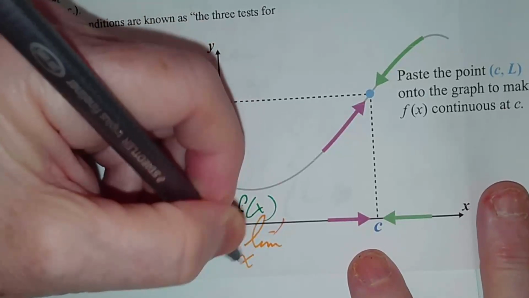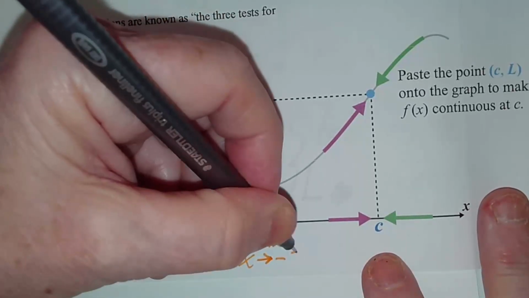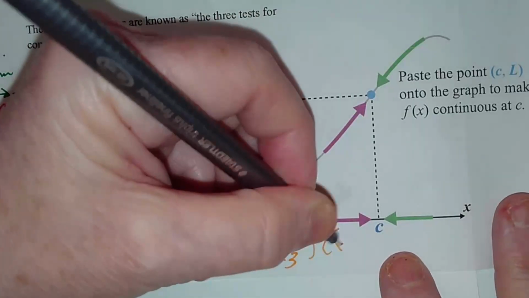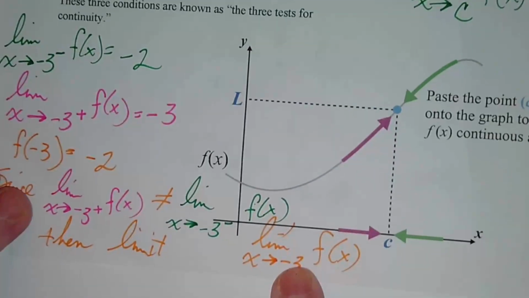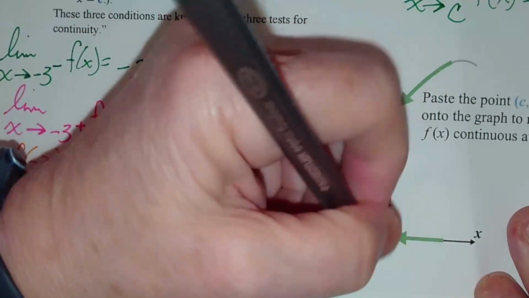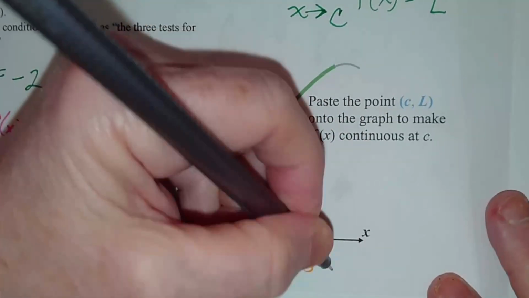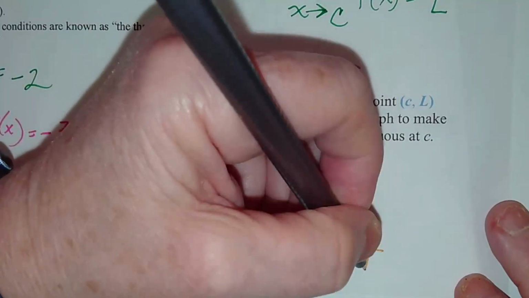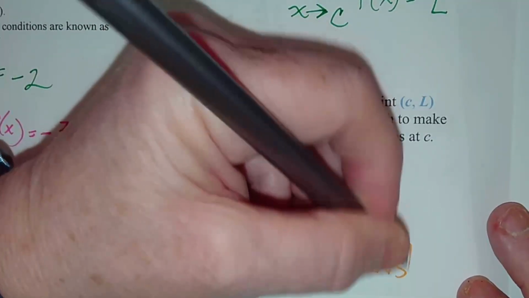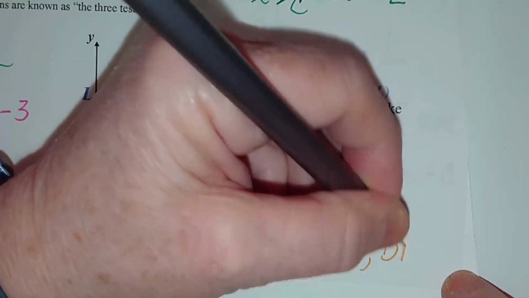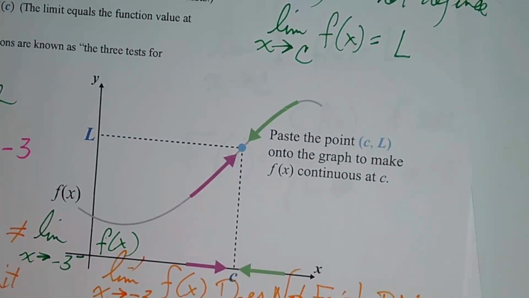The limit as x approaches -3 of f of x, with no plus or minus on the -3, does not exist. And we write does not exist, D N E, does not exist.